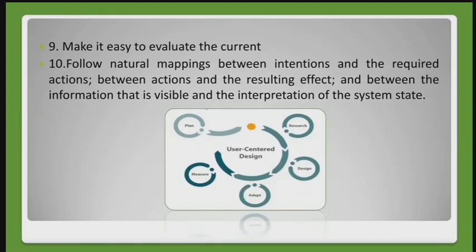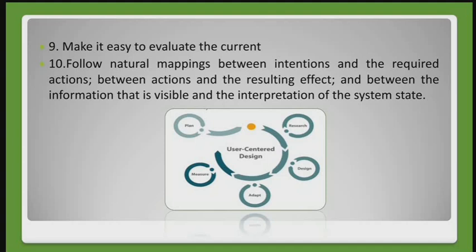Okay, now it should also make it easy to evaluate the current state of the system. For example, with our vehicle, when the user is nearby and the vehicle door opens automatically, it is very easy for the user to understand whether his suggestion worked or not.